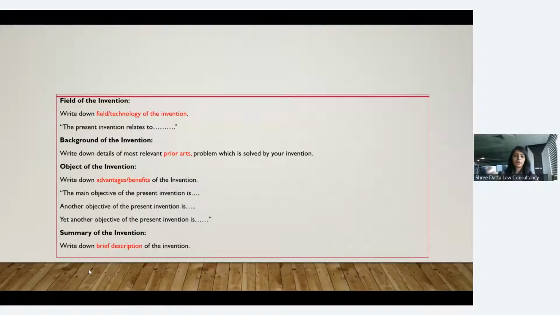The main aspect of this invention, you can write as this aspect of the embodiment. Then another aspect you can add into the summary. In the embodiment, the same language applies: the main embodiment of the present invention, another embodiment of the present invention, and after that you write each and every claim in normal language in the embodiment format.